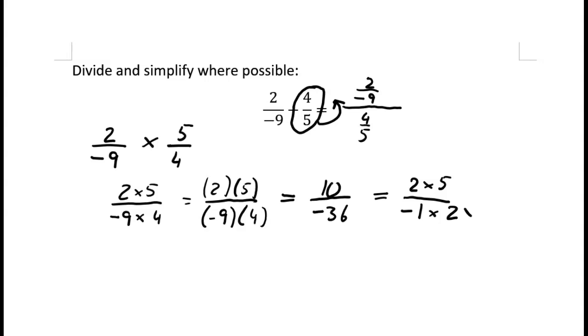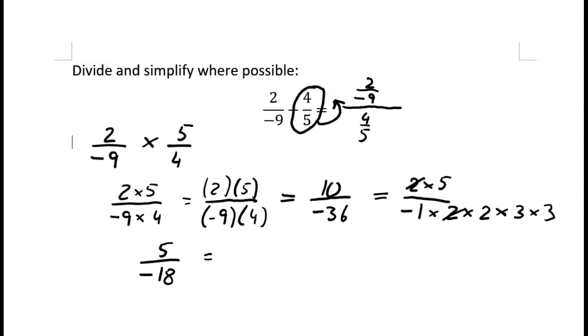That gives us 18. 18 divided by 2, that gives us 9, and we've got 3 times 3. And now we can start with the cancelling. We can't do a lot of cancelling, we can cancel the 2, and we've got 5 over -1 times 2 times 3 times 3, that gives us -18.